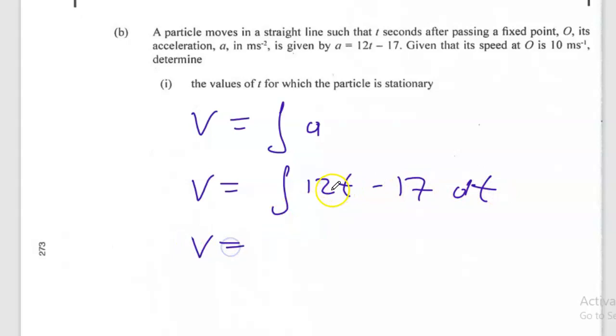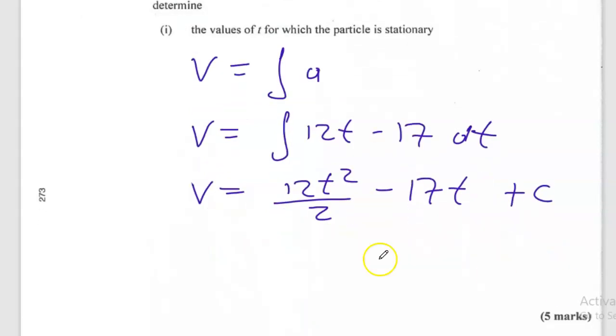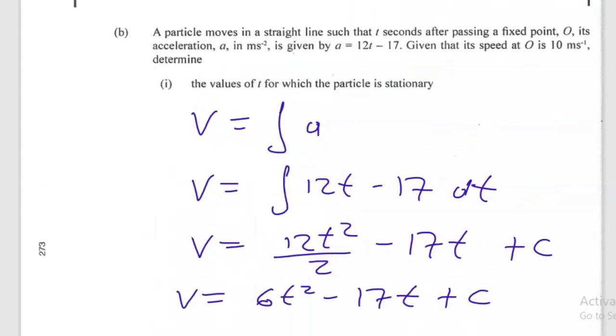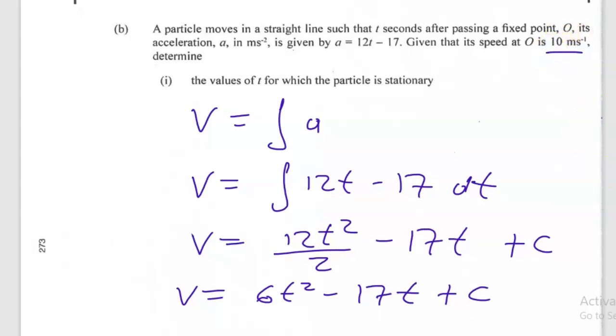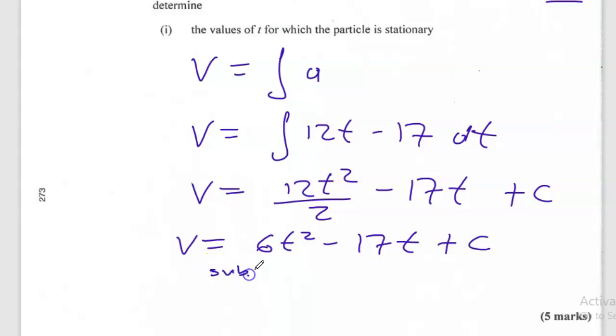So v, integrate 12t, we get 12t squared over 2 minus 17t plus a constant. And so this is 6t squared, 12 divided by 2, minus 17t plus c. And how can we get the value of c? Now we are told that when the time was 0, the speed was 10. So substitute v is 10 when t is 0.